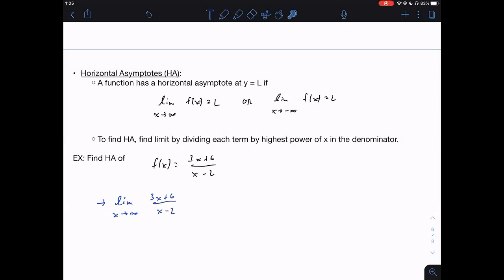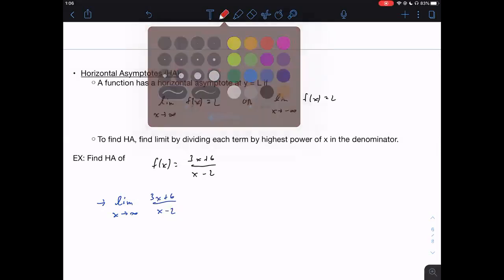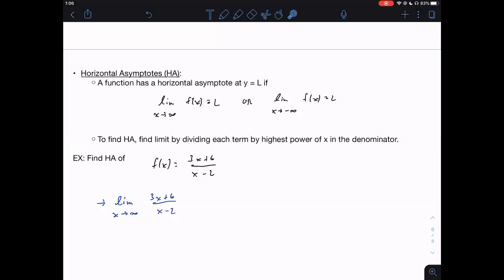One option to find this limit is to set up a table and plug in increasing powers of 10 into this function to see if there's a value that it seems to be approaching, the methods that we saw in chapter 2 when it came to limits going to infinity. But the other option is to divide each term on top and each term at the bottom by the highest degree power of x in the denominator.